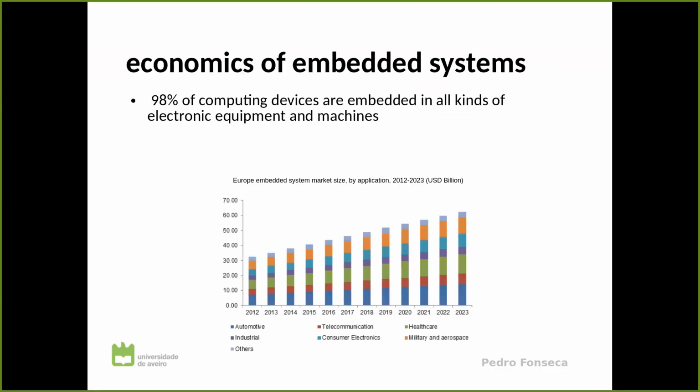And this is an estimate of the market size for embedded systems just for Europe. We are talking about something reaching 60 billion US dollars, and that is only in Europe, so there's a lot of money involved here. And we can see the larger application areas are automotive, and healthcare. Think about all the talk that has been around about intensive care units.